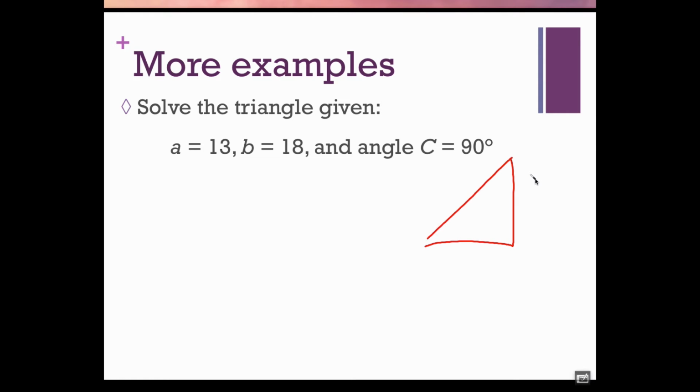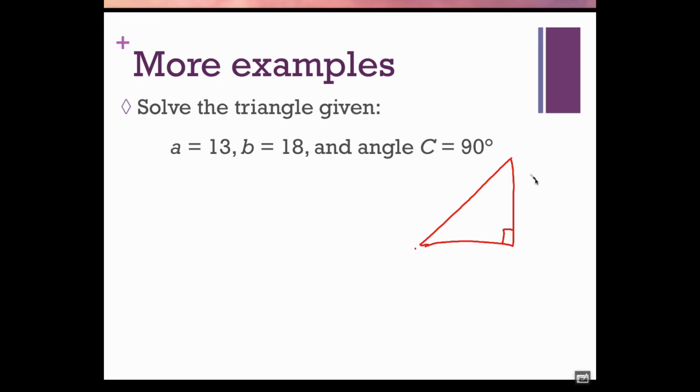It's a right triangle. What do you want to call this vertex? B. Why Q? I don't know.